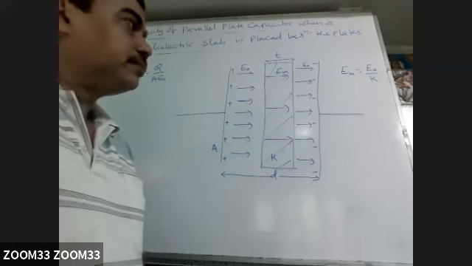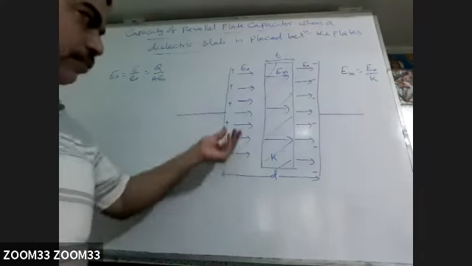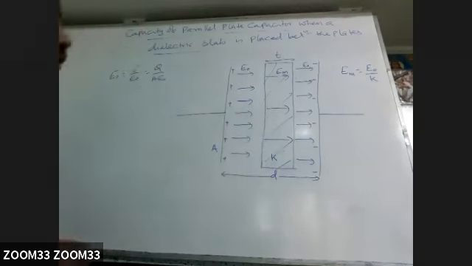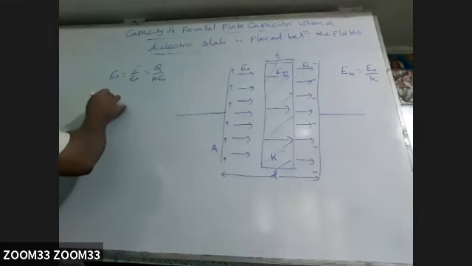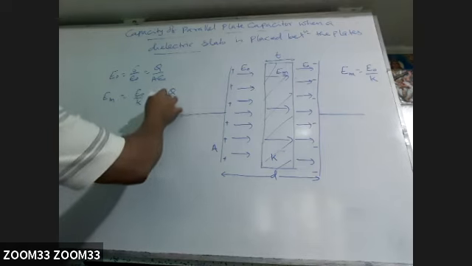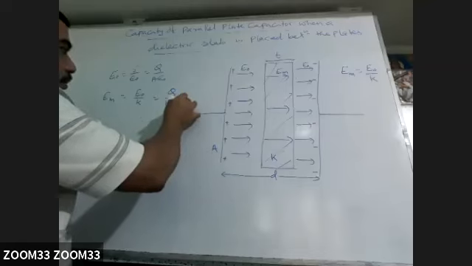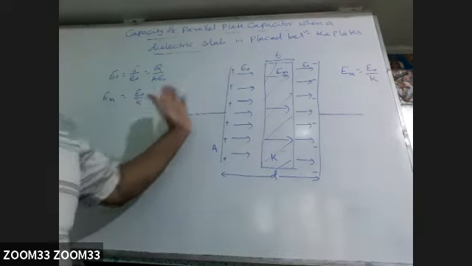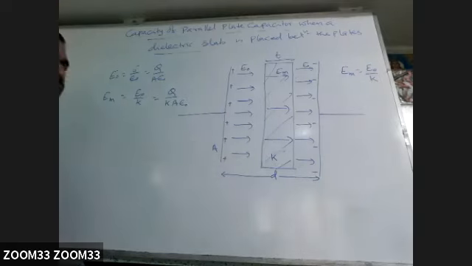The electric field outside the slab will be E naught, whereas the electric field inside the slab will be EM, and this is E naught over K, so it is Q over K A epsilon naught, or sometimes we say epsilon naught epsilon r.